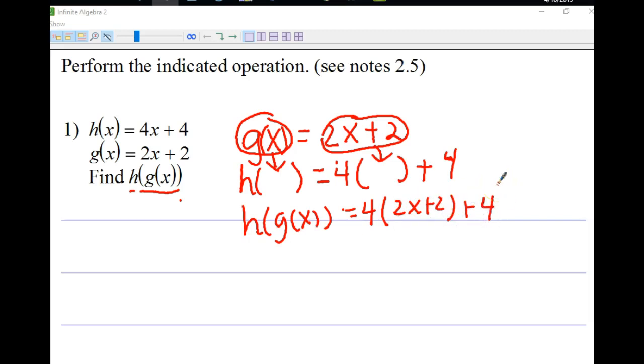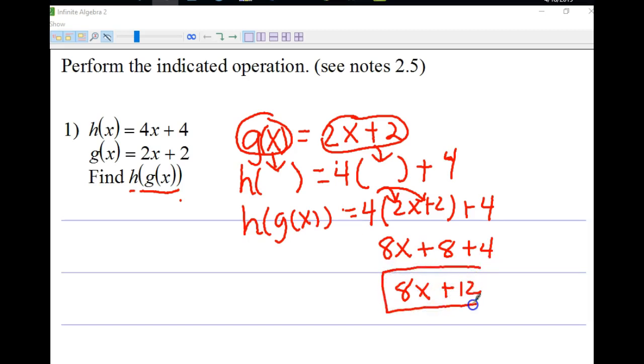Now, you can leave your answer like this, but it's pretty easy to go ahead and simplify this one. Sometimes they're kind of a pain to simplify. This one's pretty easy. We're just going to distribute and combine like terms. So the final answer would be 8x plus 12. And that's what we call a composite function. Okay?